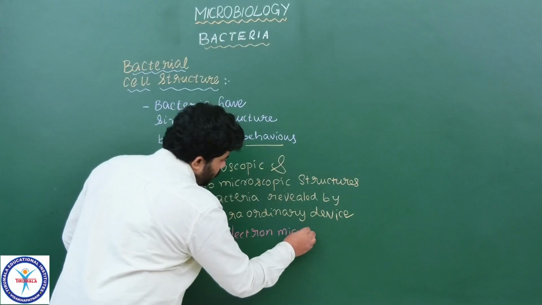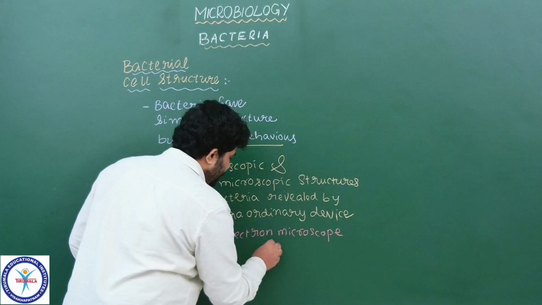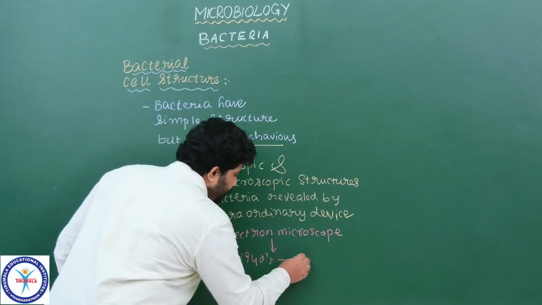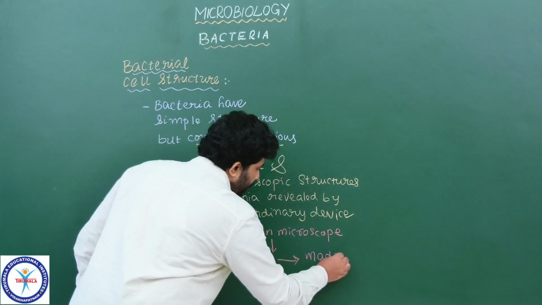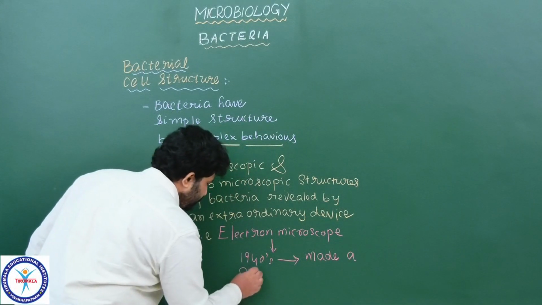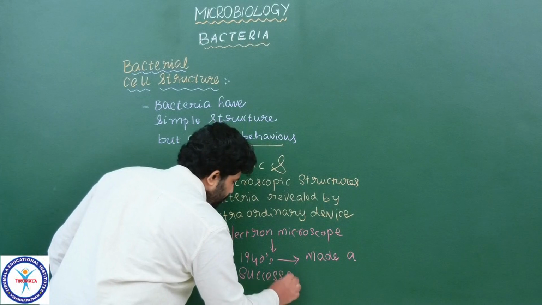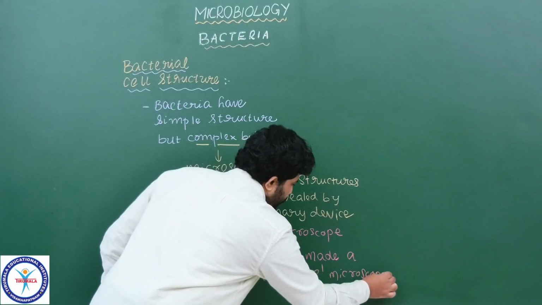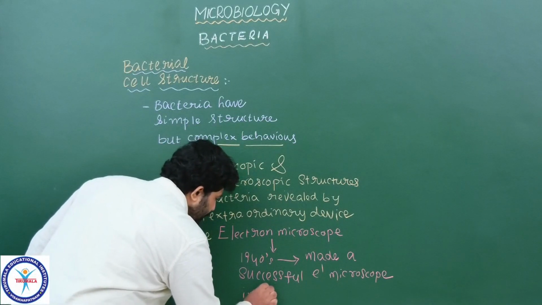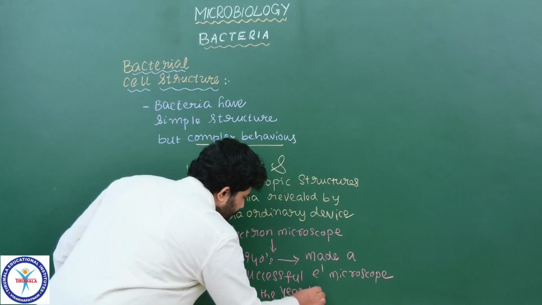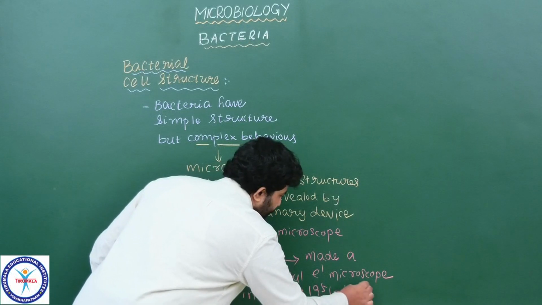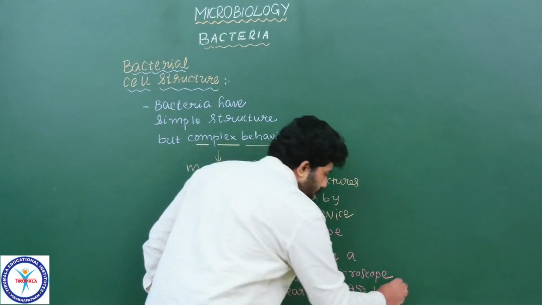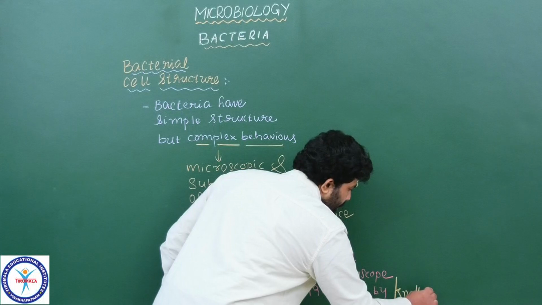The invention of the electron microscope started in the 1940s, and finally a successful electron microscope was made in the year 1951 to 1952 by two scientists, Knoll and Ruska.